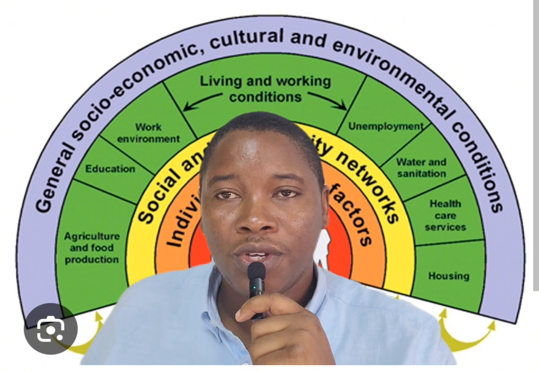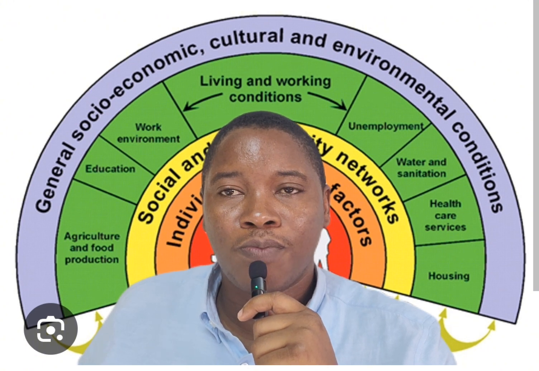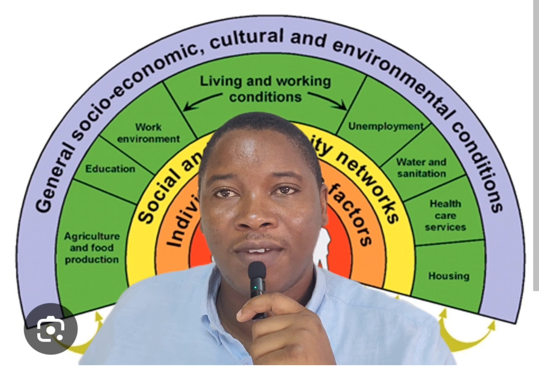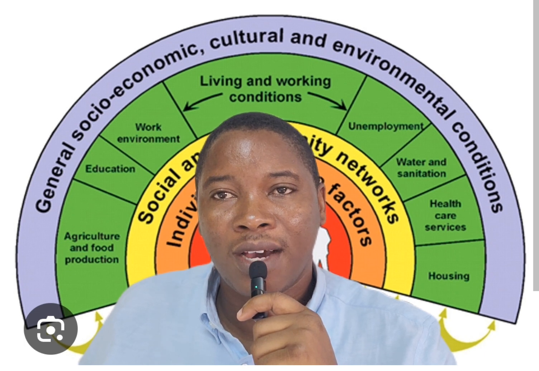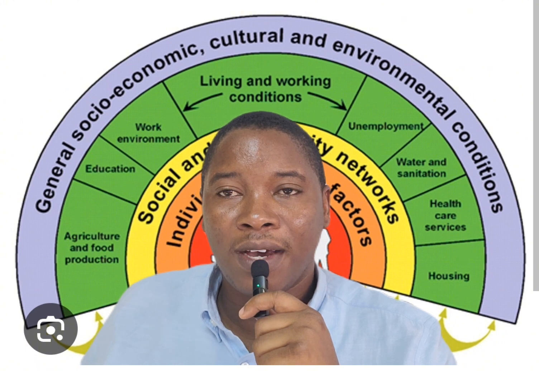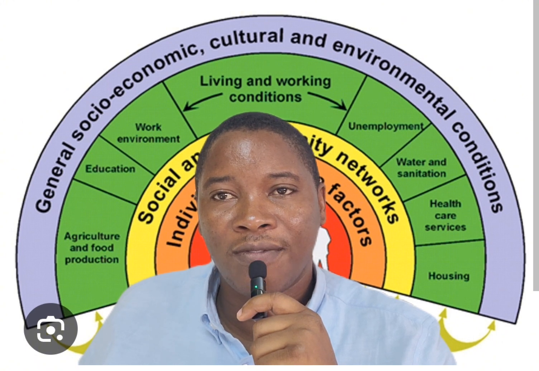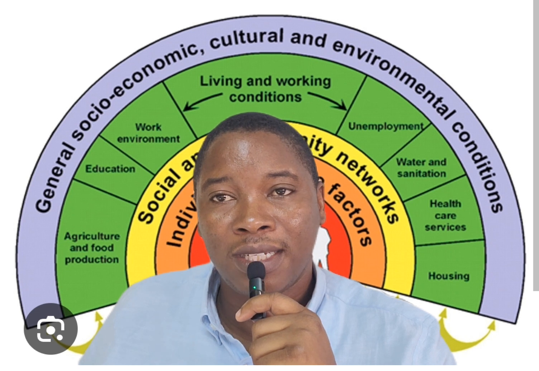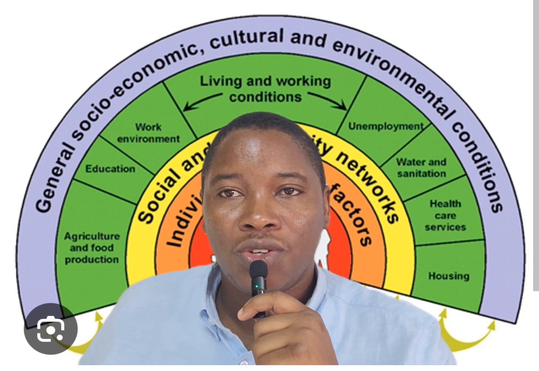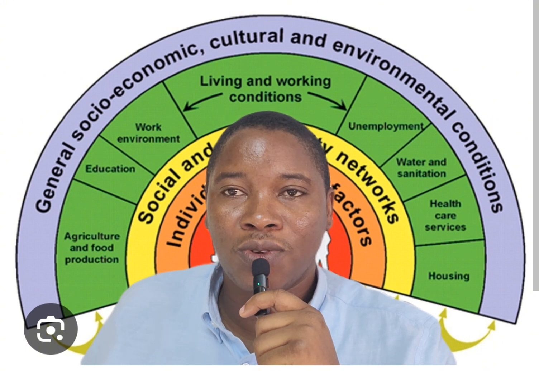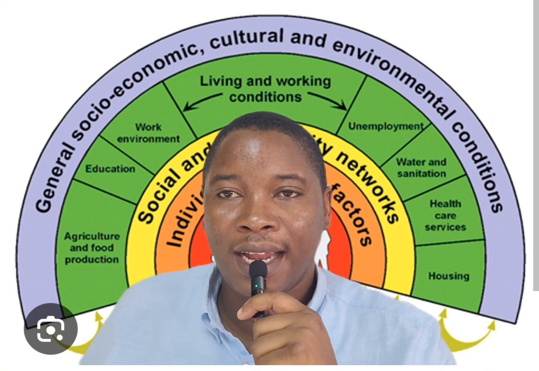People who are poor have limited resources, limited funds, and limited access to healthcare. All these affect their health and the way they live out their lives. All of these kinds of inequalities are what we refer to as health inequalities. This disparity is there between those who have access to more funds and those who have limited access to funds when it comes to their health and their lifestyle.